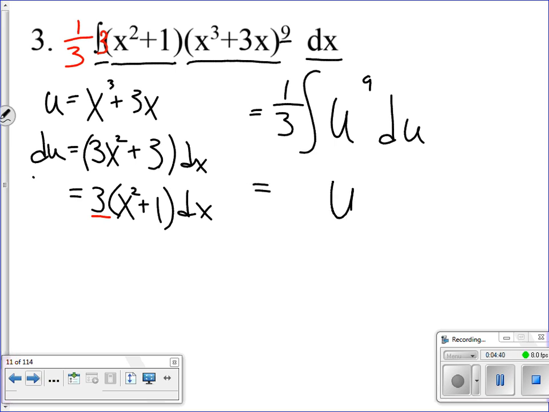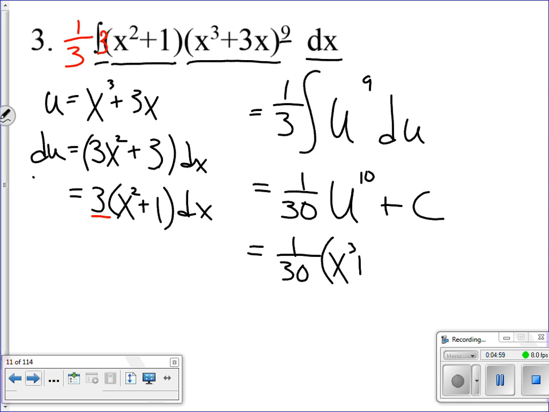We add 1 to the old exponent, making it 10, and multiply by 1/10, the reciprocal of the new exponent. So this is the antiderivative. Now we can switch it back to x's after you take the antiderivative. U is x cubed plus 3x. That is the answer for 3.